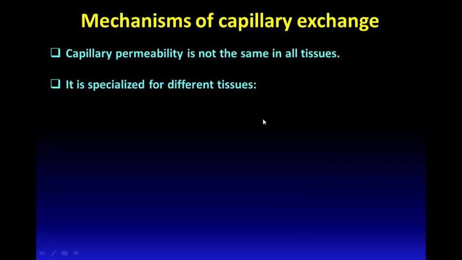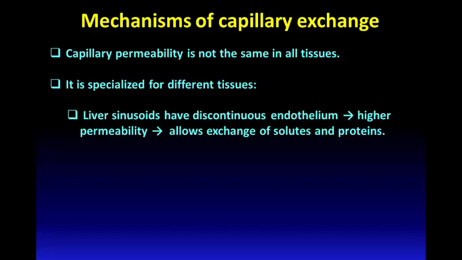It is important to note first that capillary permeability is not the same in all tissues; rather it is specialized for different tissues. The liver sinusoids have discontinuous endothelium, hence they have higher permeability, and this allows the exchange of solutes and proteins.